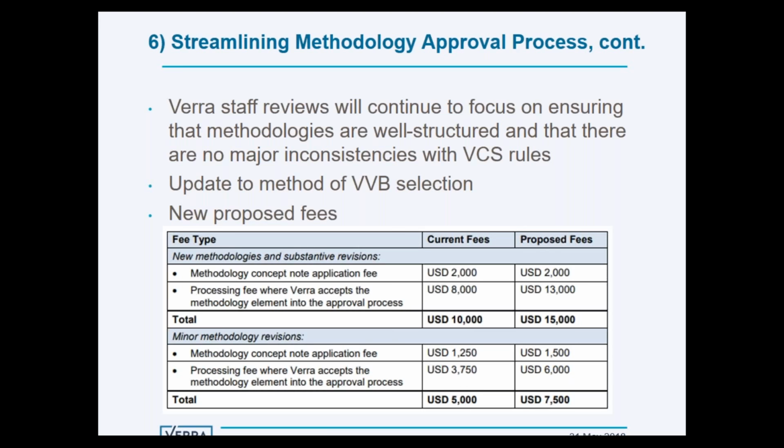And for minor methodology revisions and certain tools and modules, we're proposing to increase from $5,000 to $7,500. I should say, too, that while this is an increase in Verra fees, we still envision that this would be an overall cost and time saving for methodology developers, given that that second VVB assessment would not be necessary.